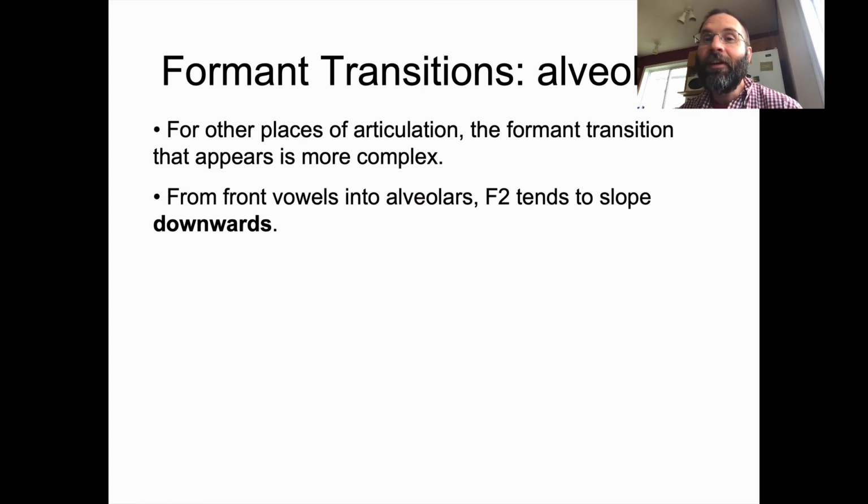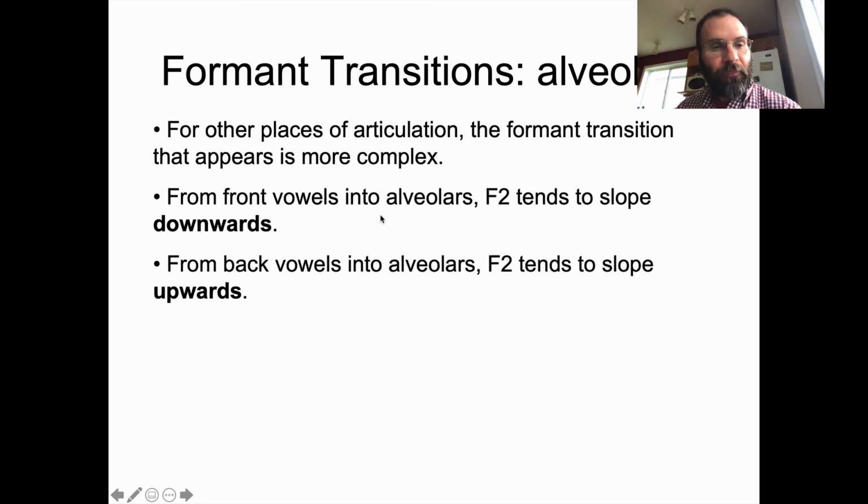Alveolars are somewhere in between your lips and the palate, maybe a little bit closer to that node at the palate. So F2 will go up a little bit from its default value of like 1500 hertz for a speaker like me. But it's not going to go up that much. Compared to a palatal place of articulation, which is what we normally get for front vowels, it's not going to raise F2 as much. So when you go from front vowels into alveolars, F2 will tend to slope downwards.